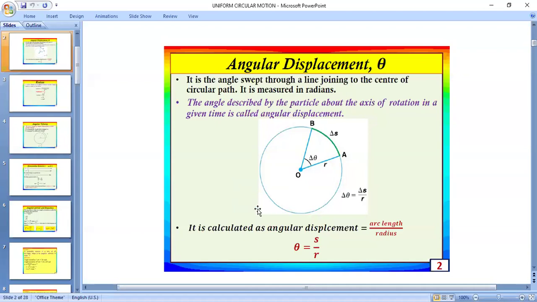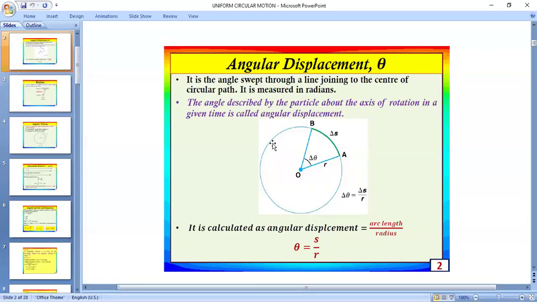If it's rotating at 20 meters per second, it retains the 20 meters per second unless an external force acts on it. But then why do we say that it's accelerating? It's accelerating because of change of direction.